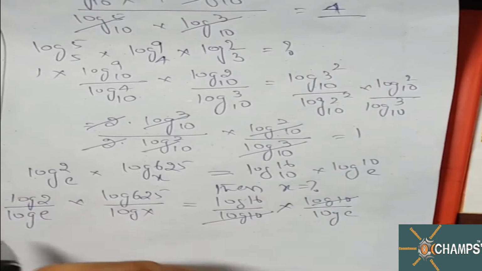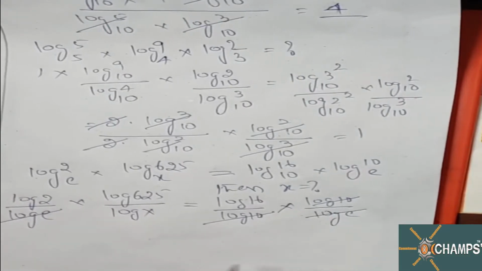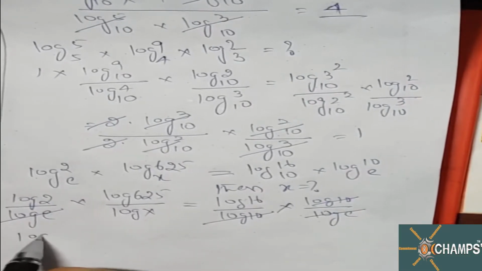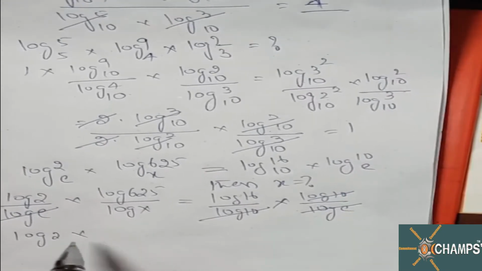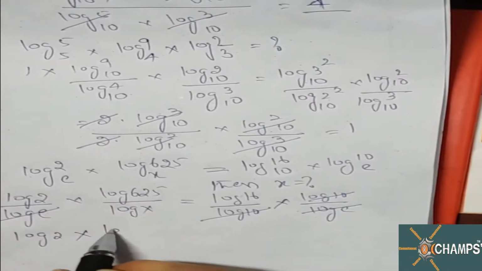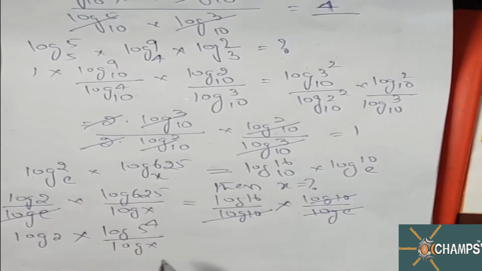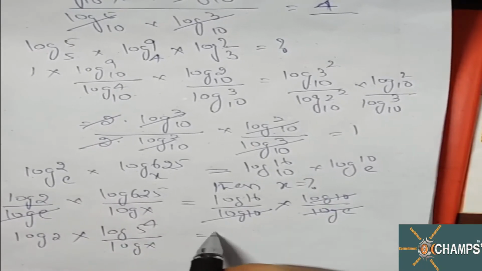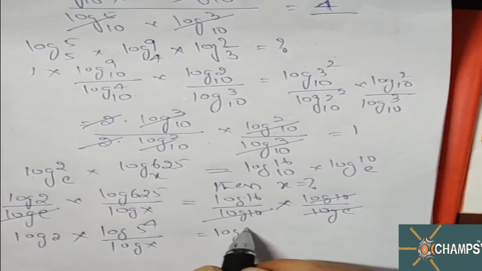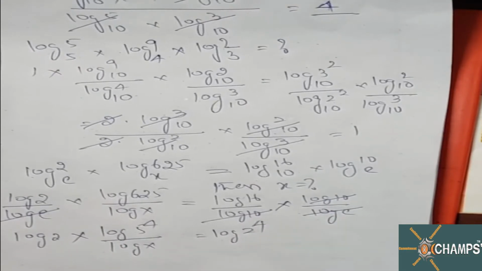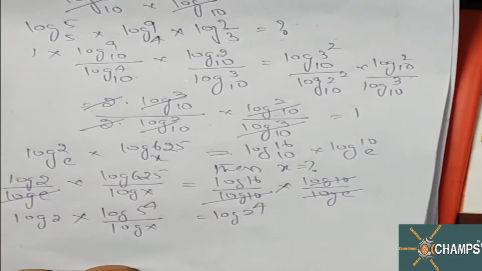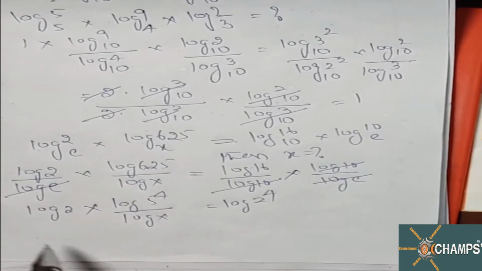Log 10 cancels, log e cancels. Log 625 can be written as log 5 to the power of 4, and log 16 can be written as log 2 to the power of 4.